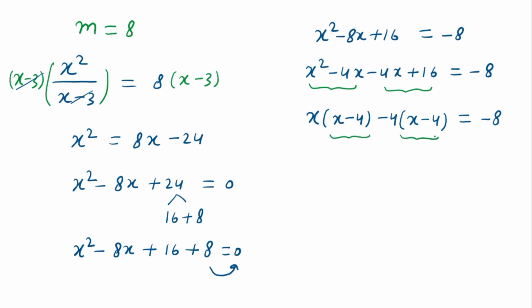If we take x minus 4 common, then here x minus 4, this equals minus 8. Now x minus 4 times x minus 4 is x minus 4 whole squared, and this equals minus 8. We have x minus 4 whole squared equals minus 8.